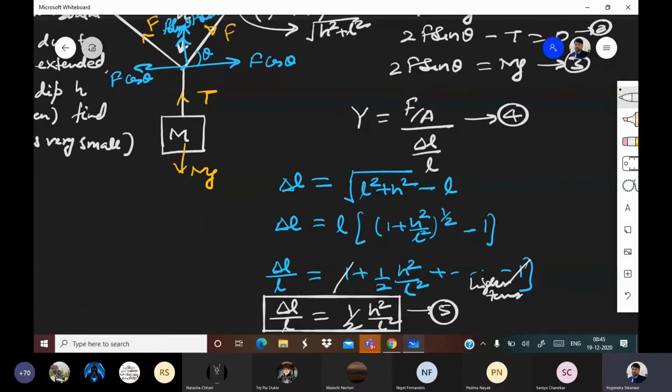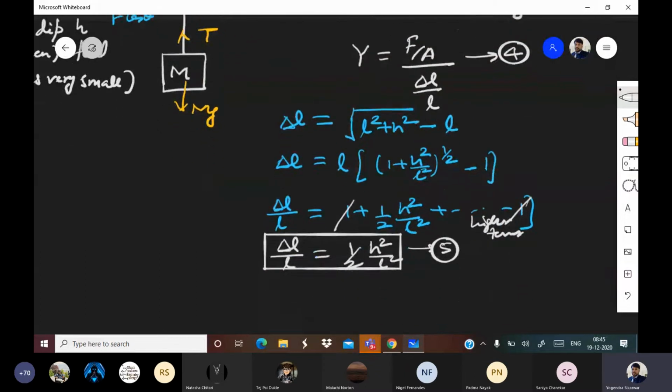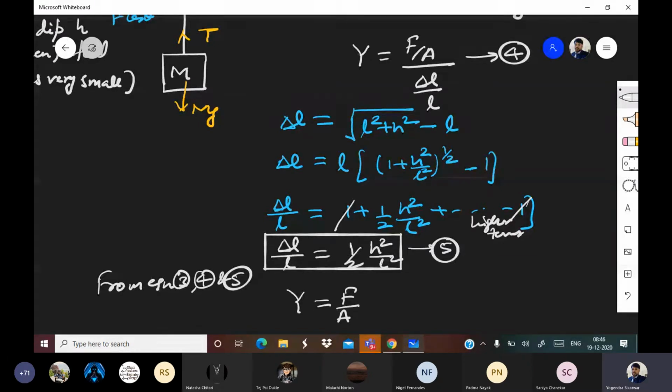So from equations 3, 4 and 5, what we can see is Y is equal to F upon A upon delta L by L, and delta L by L is 1 by 2 h square upon L square.